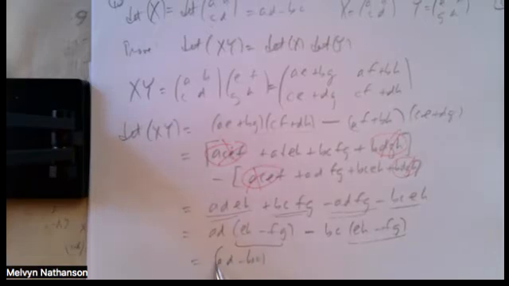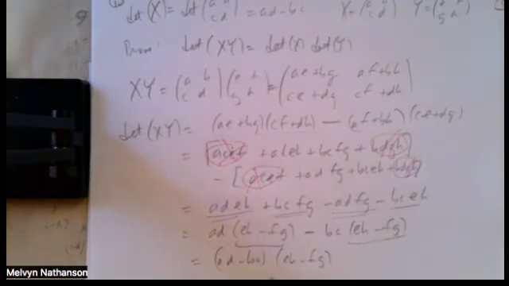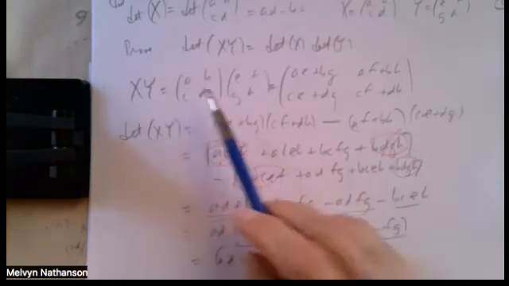Okay, so this is just high school algebra done hard. And here I have EH minus FG and EH minus FG. If I factor that out, I get AD minus BC times EH minus FG. And then a miracle happens. If X is A, B, C, D, the determinant of X is AD minus BC.